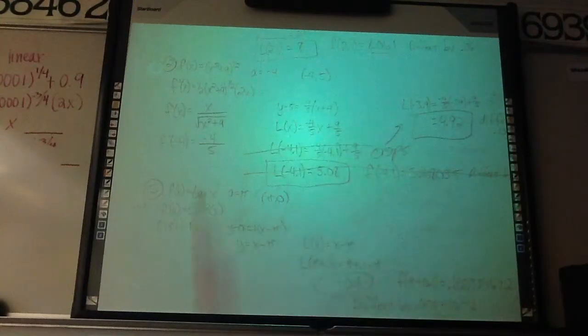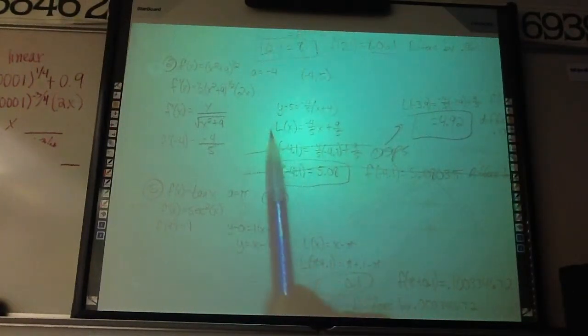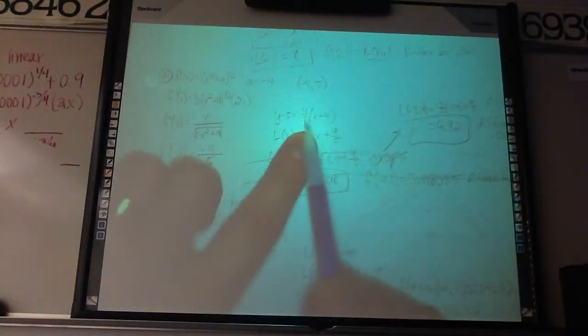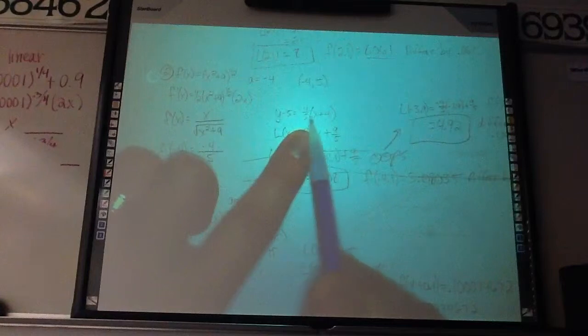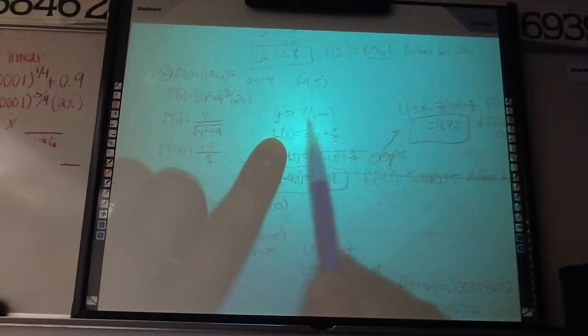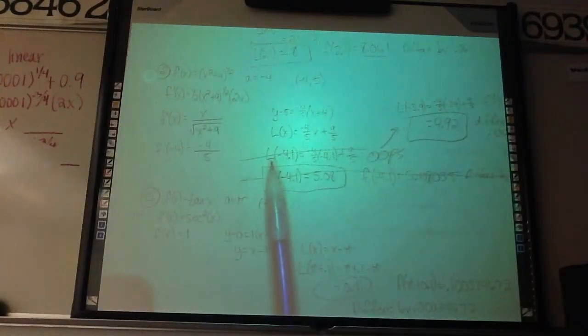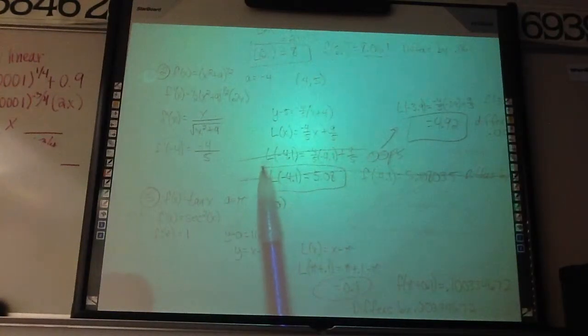Wait, but if you plug in -4 to the derivative, the x over the square root, negative 4, your L of x, your tangent line should be -4/5 for your slope. Y minus 5. Yeah, but how do you get 4/5 if you plug in -4? -4 squared is 16 plus 9, which is 25. You get -4 over 5. You get the square root of 25?